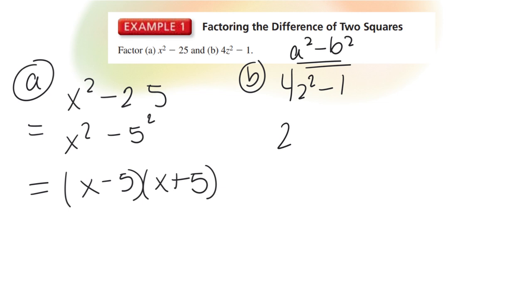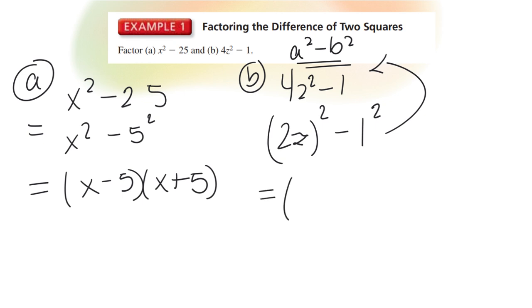So it's 2z to the power 2 minus 1 to the power of 2, which gives me the same format they're looking for. So the difference of two squares pattern is going to equal 2z minus 1 times 2z plus 1.